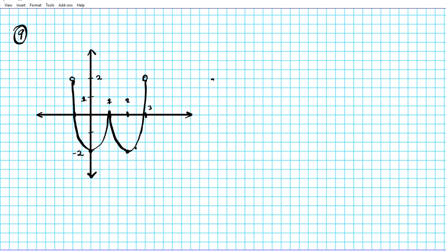The critical numbers are at x equals 0, 1, and 2. Bam. So you have a critical number here, you have a critical number here, you have a critical number there.